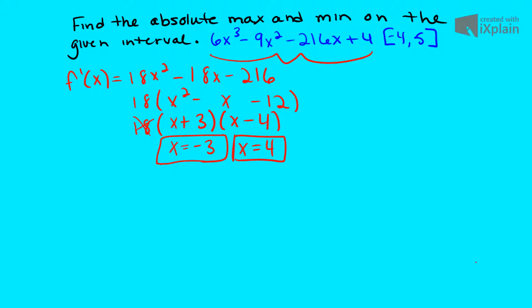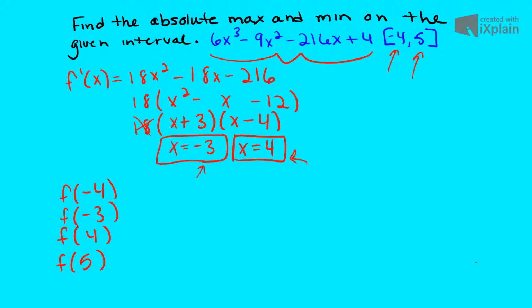The next step would be to find the values within the function. We plug these into the function as well as our endpoints we're given. These are all critical values. So if you guys want to pause here and solve for these, you can do that, or you could just follow along. We have f of 4 and f of 5.